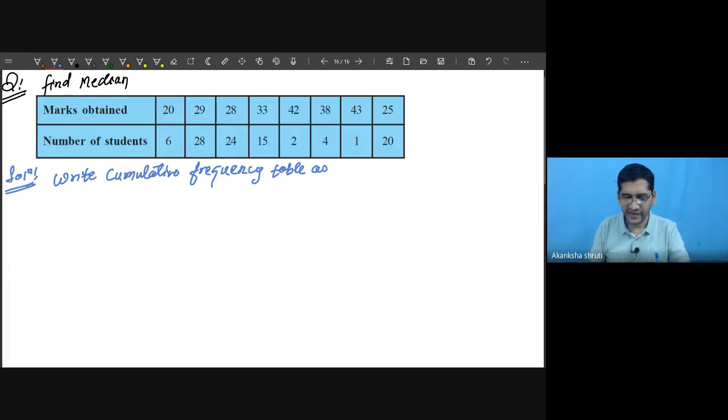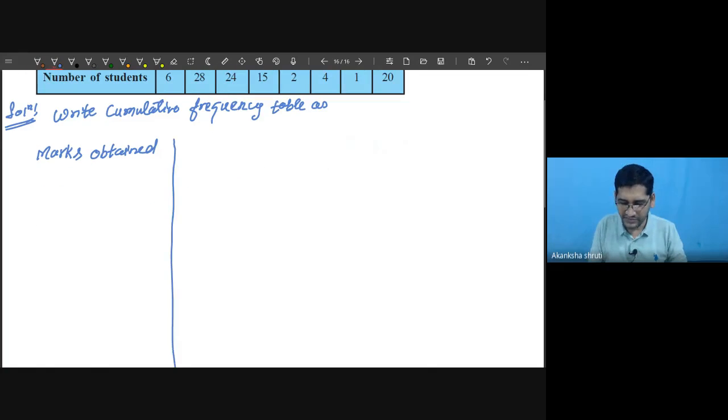As how? A student, observe the lowest observation. What is the lowest in this? It is 20. So the marks obtained, this is the column that we will take.